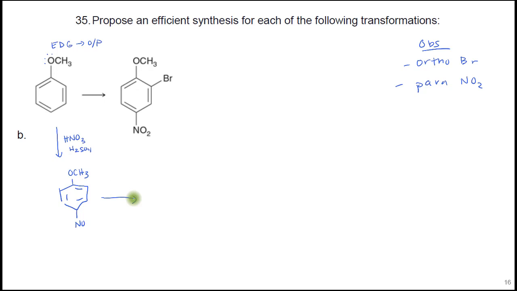And then I can add the bromine. If I had done the bromine first, I would get a mixture of ortho and para, and you'd have to worry about separating it. Otherwise, if you really were bent on adding that bromine first, you could use the blocking group and then add the bromine, remove the blocking group, and then add the nitro group.